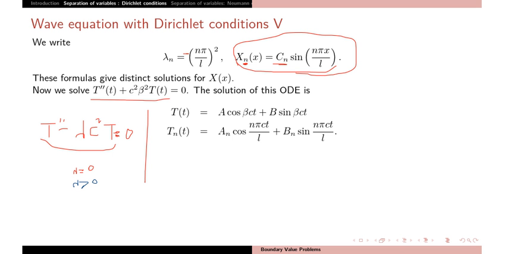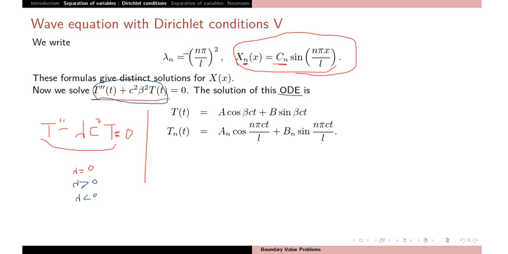We only discuss the third case, when lambda is negative, and you can write lambda equal to minus beta square. So the ODE is T double dash minus c square beta square T equal to 0. And the solution is, the auxiliary equation will have two roots, c beta plus minus iota.